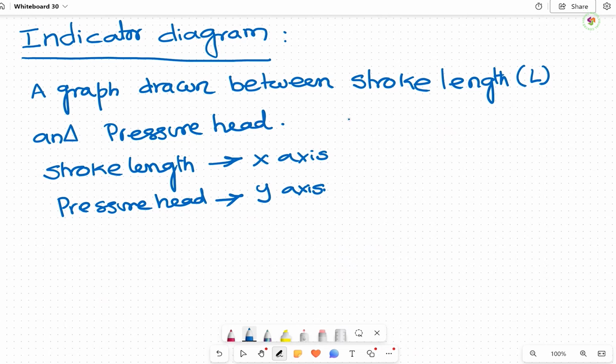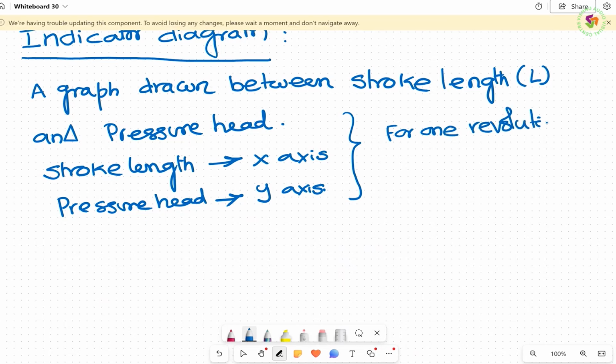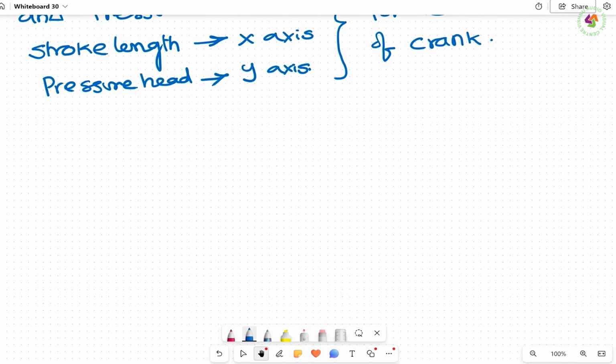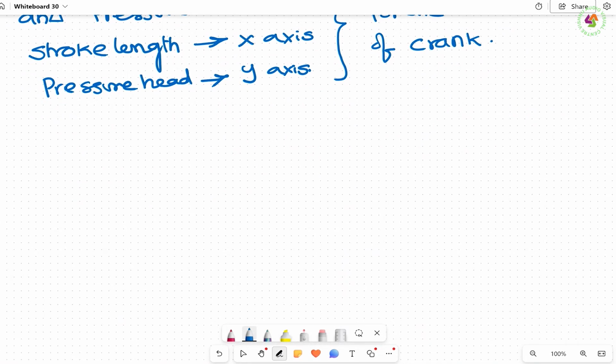This diagram is represented for one revolution of crank. Always remember that the indicator diagram represents one revolution of crank. Of course, however many revolutions it makes, it only repeats the same process.